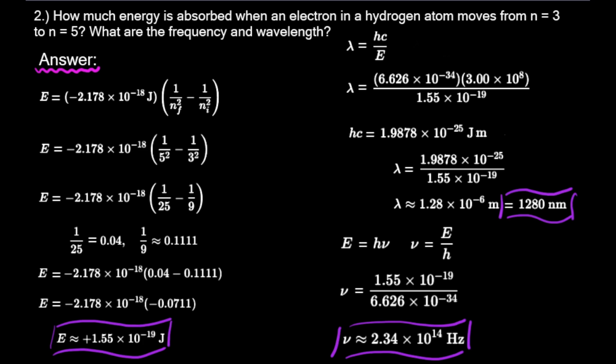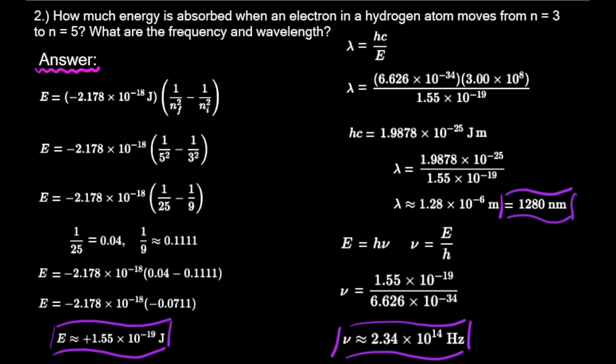1 over 5 squared is 1 over 25, and 1 over 3 squared is 1 over 9. That gives us E equals negative 2.178 times 10 to the minus 18 multiplied by 1 over 25 minus 1 over 9. 1 over 25 equals 0.04 and 1 over 9 equals 0.1111.